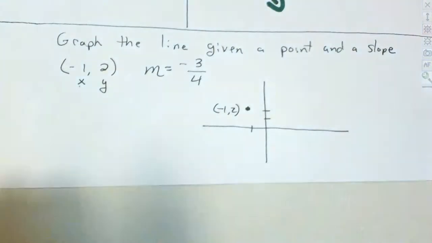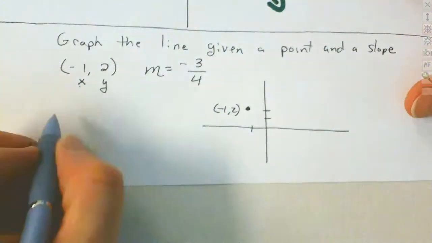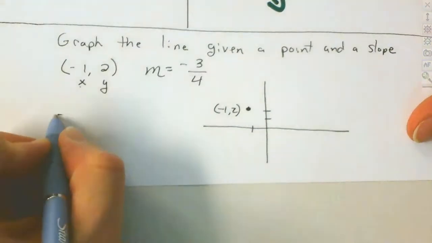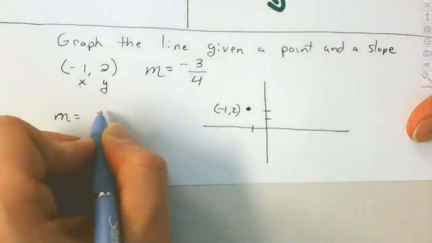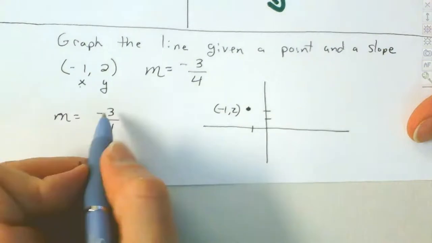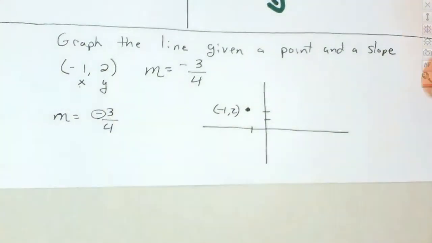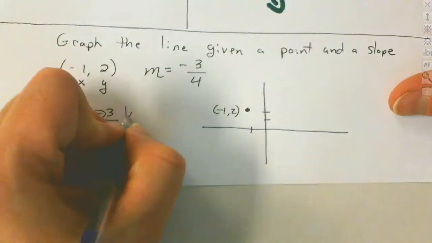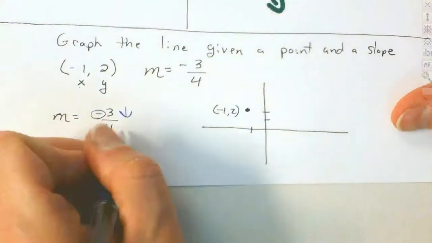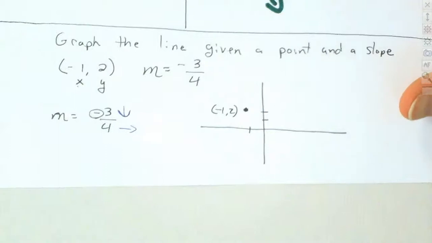Now, what is my slope going to be? My slope, m, is a -3/4. So it is negative, isn't it? So what does that tell me? It's negative, so it goes what? Down, and then it goes what? Over.